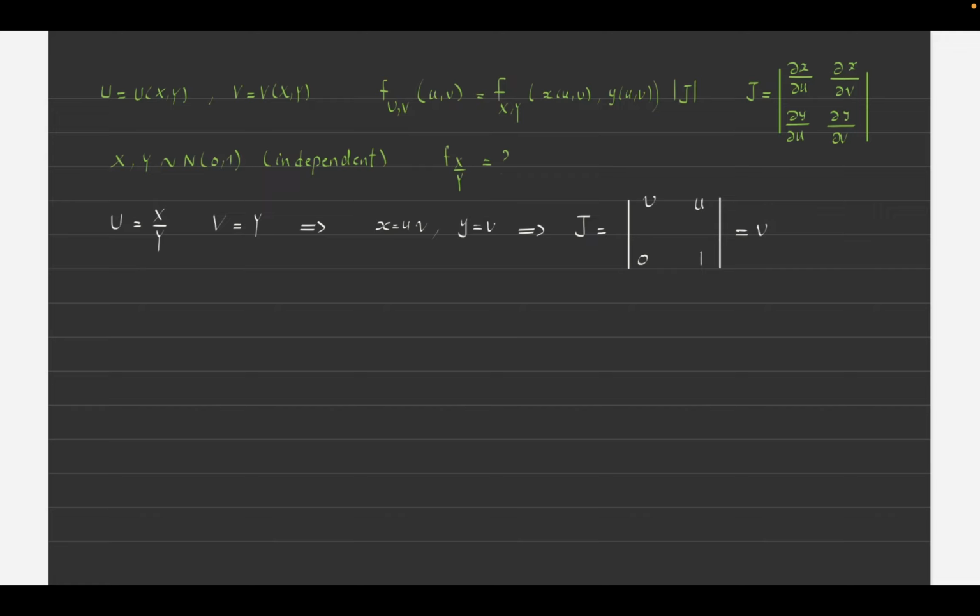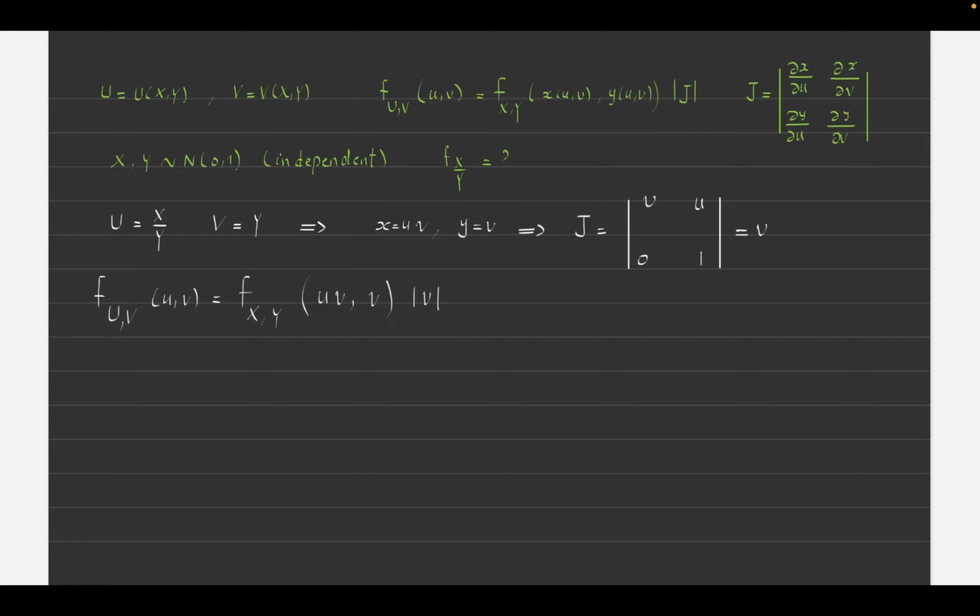Okay, so now I will start from here, and I would write f of u and v calculated at u and v is equal to f of x and y, and then I have to write x in terms of u and v, which is uv, and the other one is y, which is v, and then I have to multiply it by the absolute value of the Jacobian. So that is the content of the theorem.